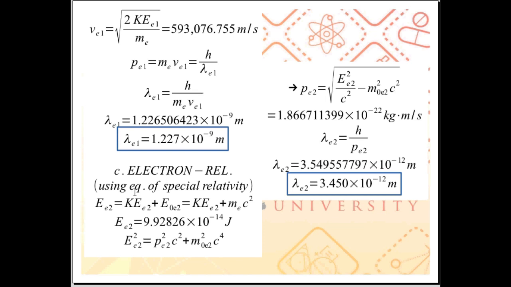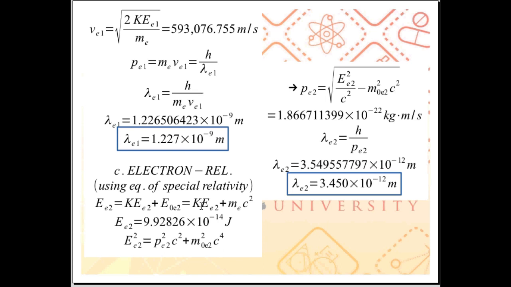One equation from our special theory of relativity is given by E equals KE plus E naught, where E naught is the rest energy of the object, the energy of the object when the object is at rest, and it's just given by the rest mass of the object times c squared. Rest mass is the mass of the object when it is at rest. We know the mass of the object, the electron, m e. We know the value of c, and KE is also given.